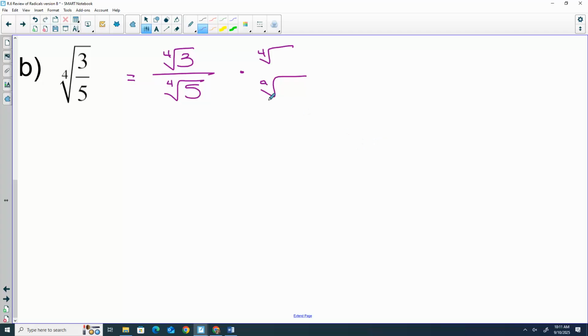So a couple ways of thinking about it. You could think, well, I have 1 5, we need 4, so how many more do we need? 3. So you could say you need to multiply by 5 to the 3rd, if that makes sense to you. The other option is to write out your 4th powers if you don't know.